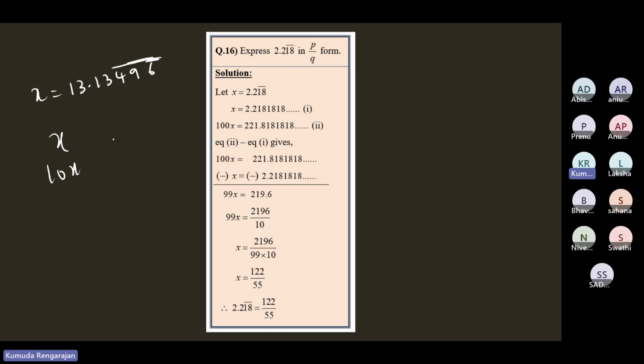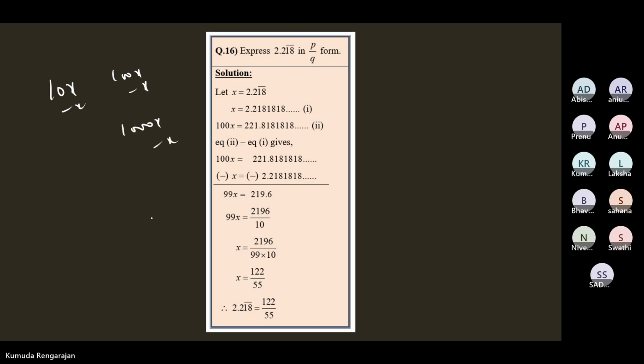Or 3 digits, 1000x. 4 digits, 10,000x. Either it is 10x minus x, or 100x minus x, or 1000x minus x. So how do you decide 10, 100 or 1000? Depending on how many digits are repeating. Here 2 digits are repeating, so 100x.